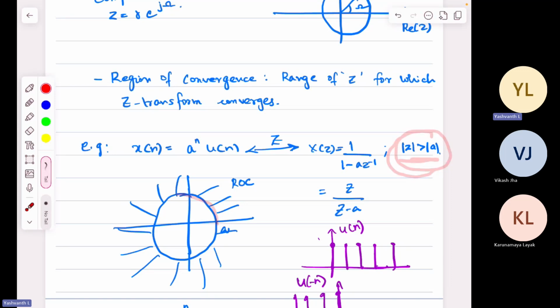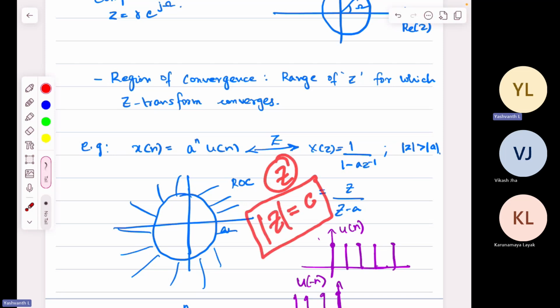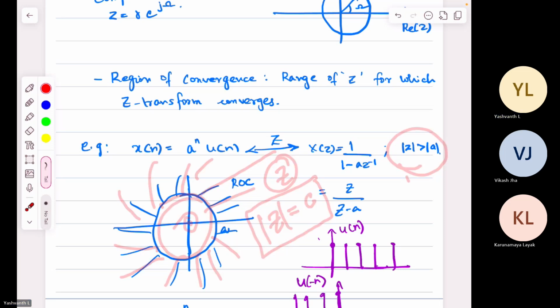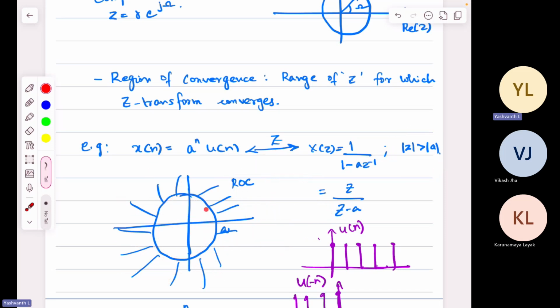If you recall, for any complex number z, mod z equal to c is the locus of a circle around the origin. So mod z greater than a means all points in the region exterior to the circle mod z equal to a. So the ROC is the exterior part of this circle, and in this region where the Z transform converges, the Z transform equals z over z minus a.